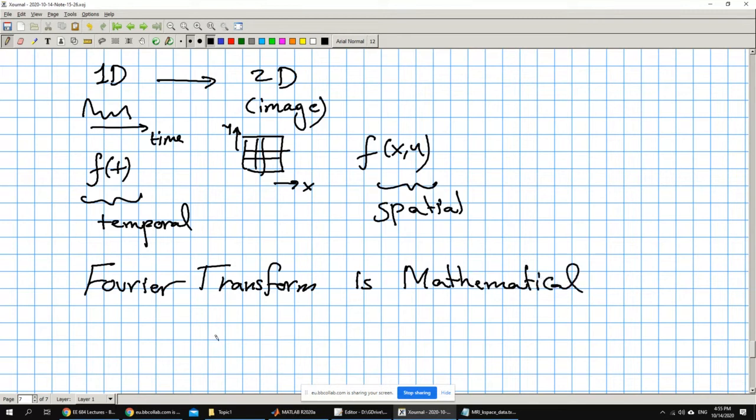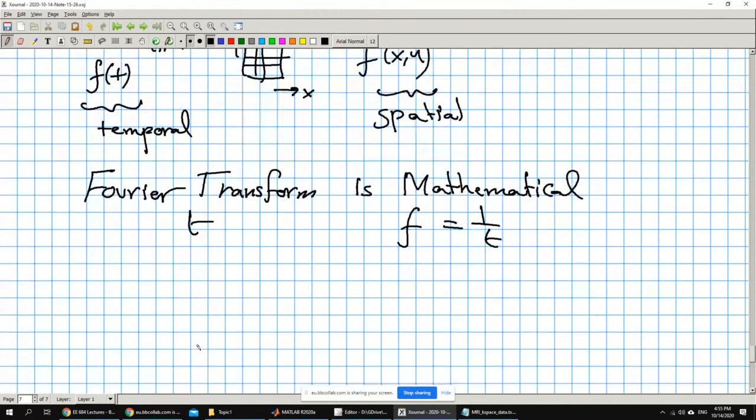Meaning that if you have time here, you go to a frequency, and this frequency has units of 1 over time. If I have a one-dimensional Fourier transformation, but it's actually from x, this is space, and time is in units of seconds. This is 1 over second, which is hertz.